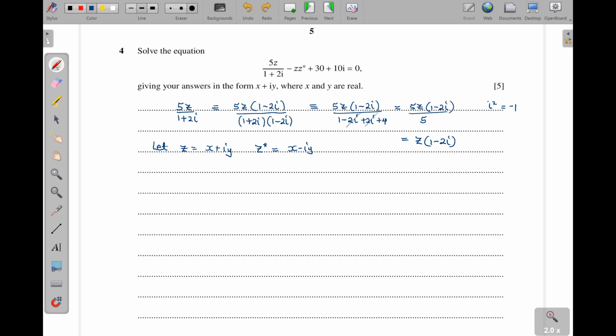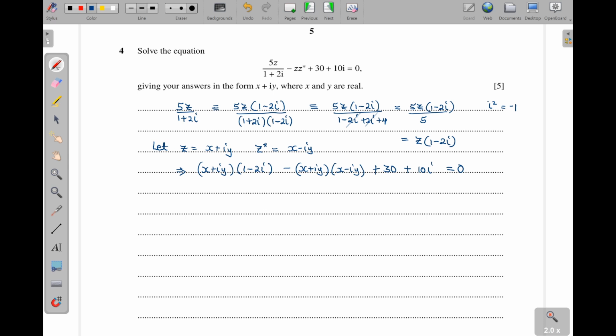So I'll have z, which is x plus iy, then times what we have gotten here, 1 minus 2i, okay? Then minus z, which is x plus iy, then the star is going to be x minus iy, then plus 30, then plus 10i, this one will be equal to 0.